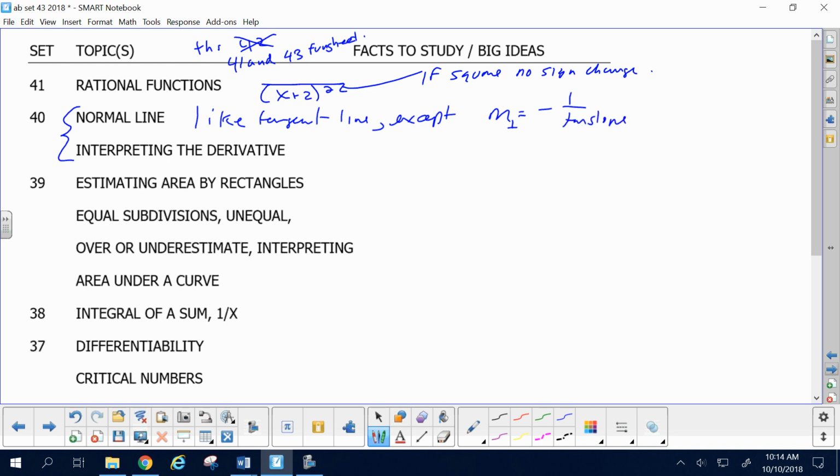Looking at some of your homework, I would absolutely rip you for notation. I will give you an example here. If you had y equals sine of x, and I wanted the normal at pi over 6, what's the first thing you do?